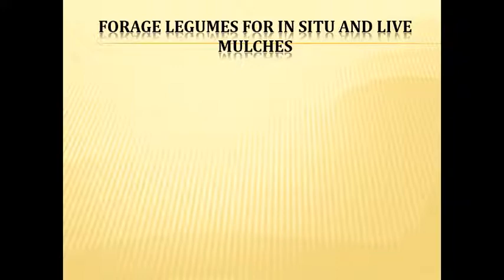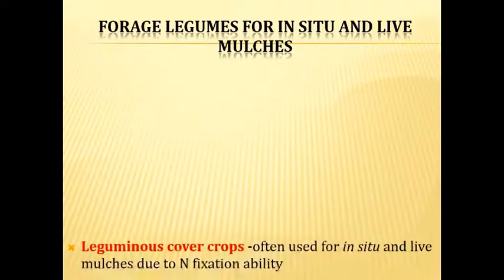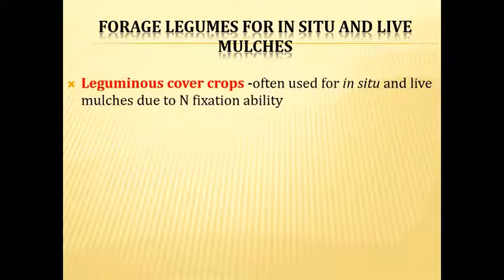Now, let's look at what are the different forage legumes that can be used for in situ and live mulch farming. Leguminous cover crops are often used for in situ and live mulches because of their ability to fix atmospheric nitrogen when they are effectively nodulated by rhizobia.